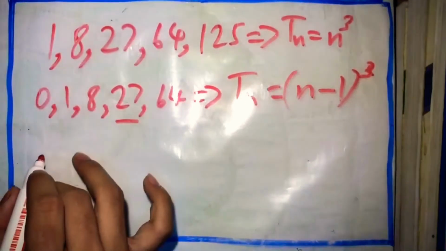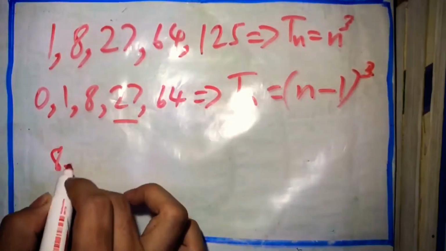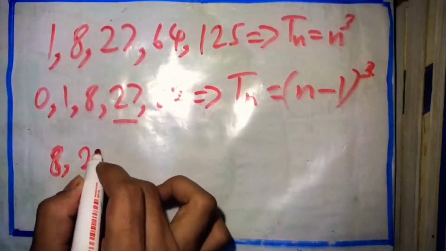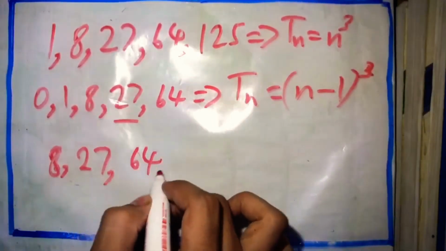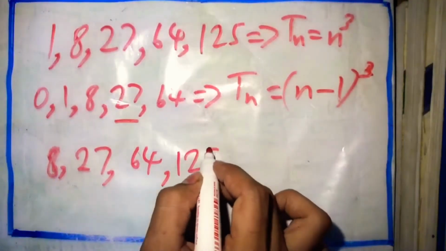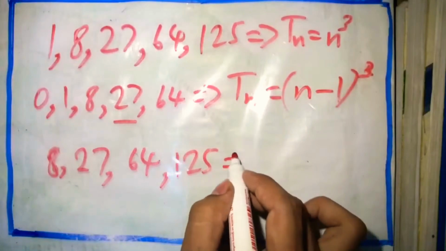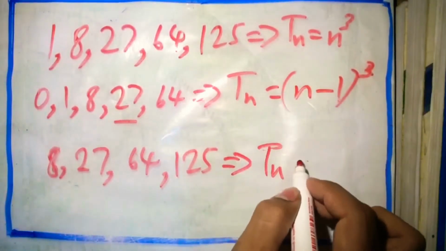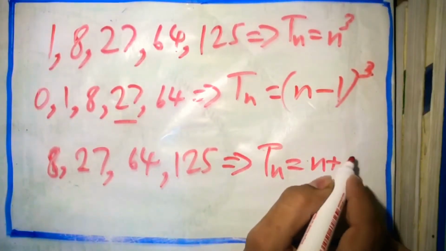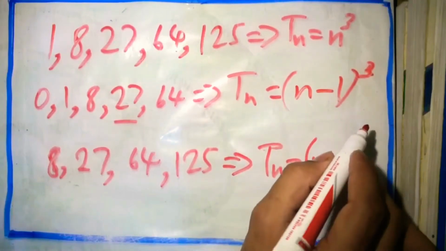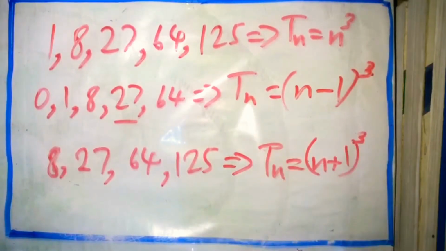If the sequence is 8, 27, 64, 125, the general formula for the term will now be (n plus 1) whole cube.